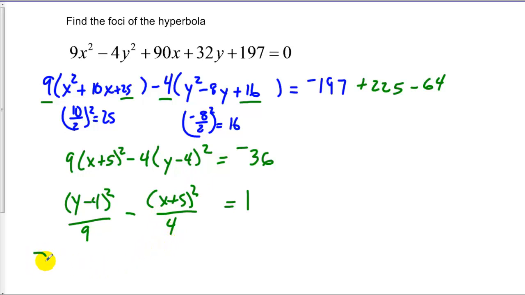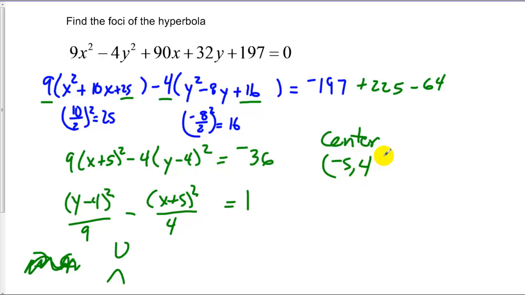So you'll notice that this hyperbola opens up and down because the y squared term leads. Therefore, I have a center at -5 and 4. I need to find my foci, which means I need to take my A term, which is 3, and my B term, which is 2, and use the relationship of A squared plus B squared equals C squared, giving me 9 plus 4 equals C squared.